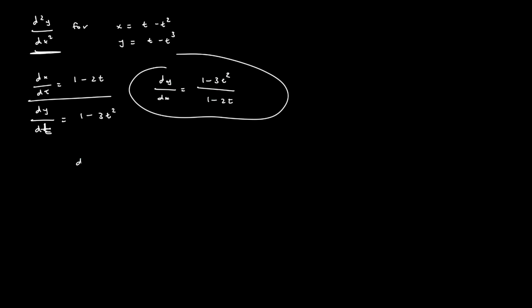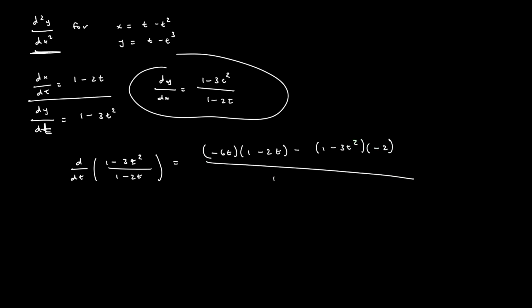So d over dt of 1 minus 3t squared divided by 1 minus 2t is equal to minus 6t times 1 minus 2t, minus 1 minus 3t squared times minus 2, divided by 1 minus 2t squared.